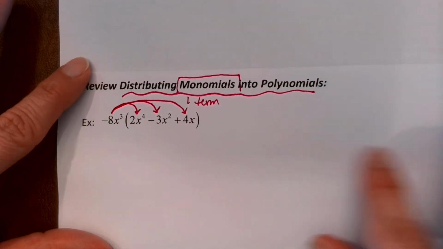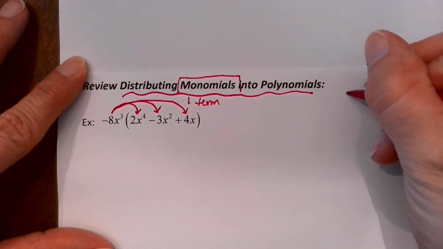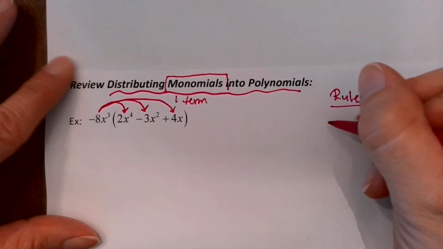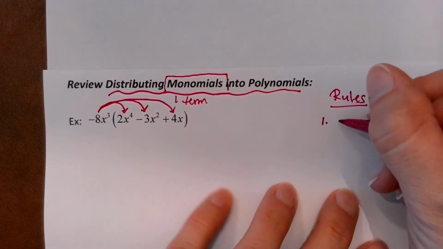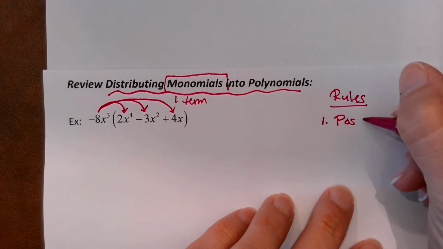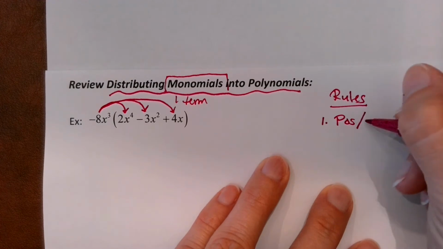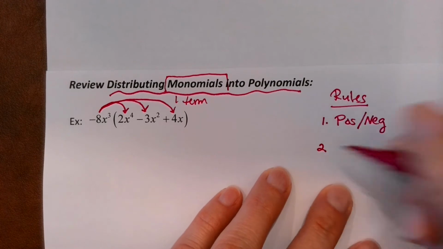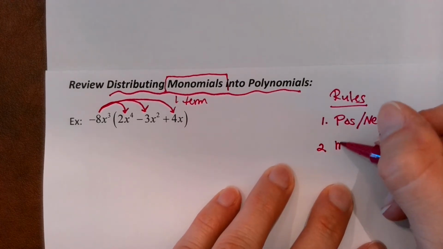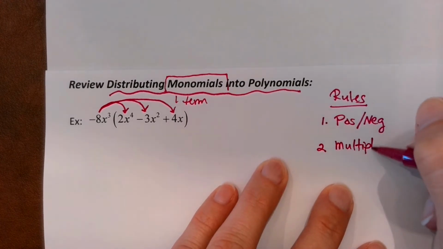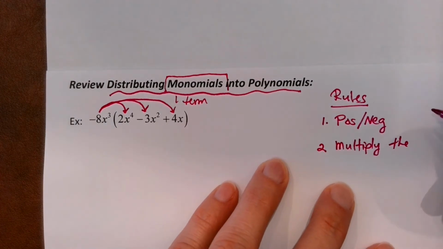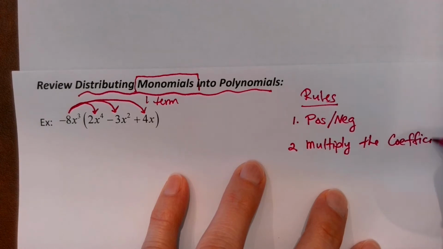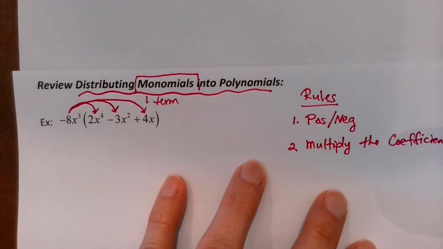And so let's just review the rules over here. So here's the steps that you need to follow. Number one, you need to consider when you're multiplying positives times negatives. The second thing you need to remember is that we multiply the coefficients. So the coefficients are the numbers in front.